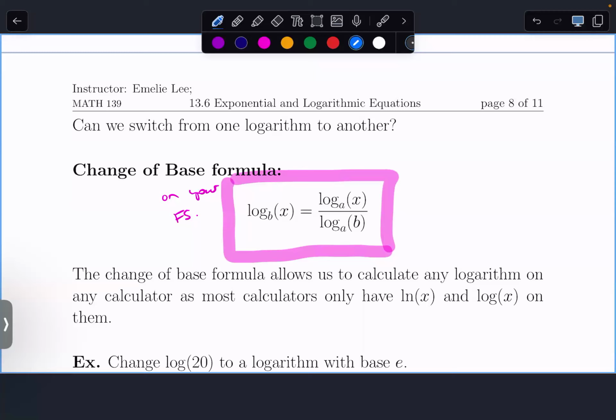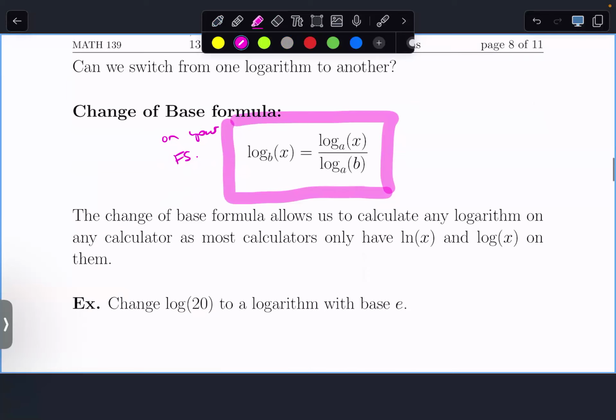Most calculators only have the natural log and log base 10.